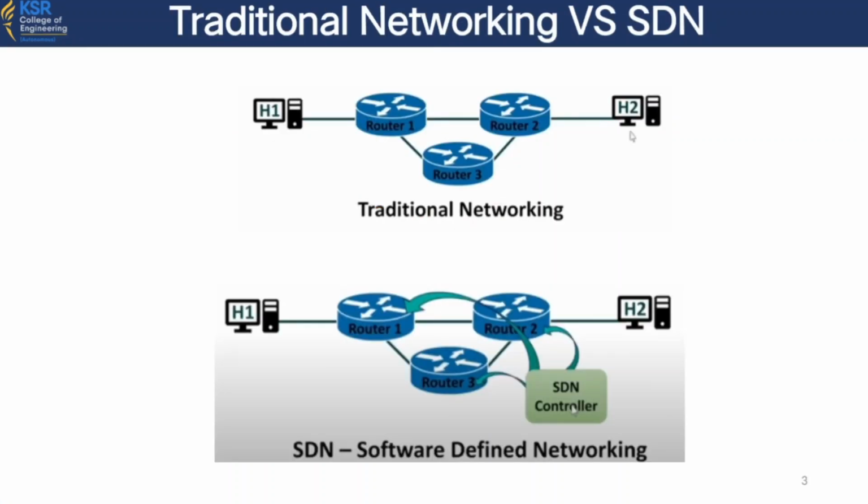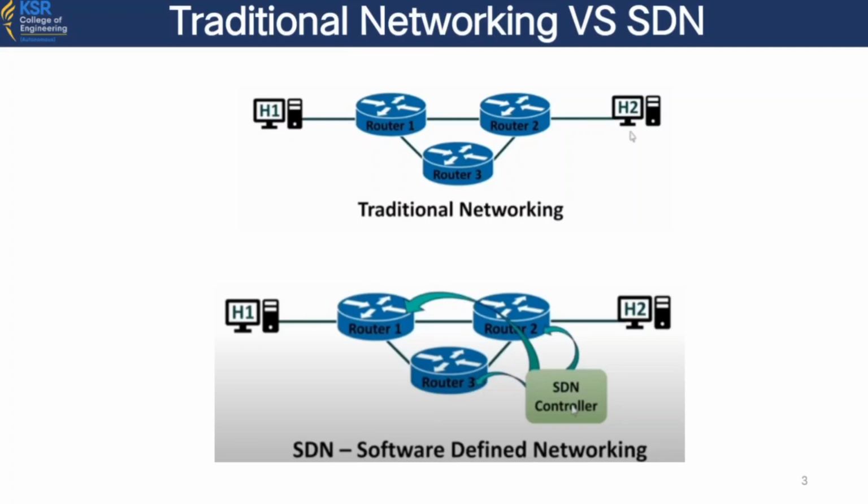Now we will take one example of traditional networking. Here we have two computers, H1 and H2. Let us assume H1 wants to transfer data to H2. So H1 will first forward data to router 1. Once that data is available at router 1, router 1 will have to decide whether to forward this data to router 2 or router 3.